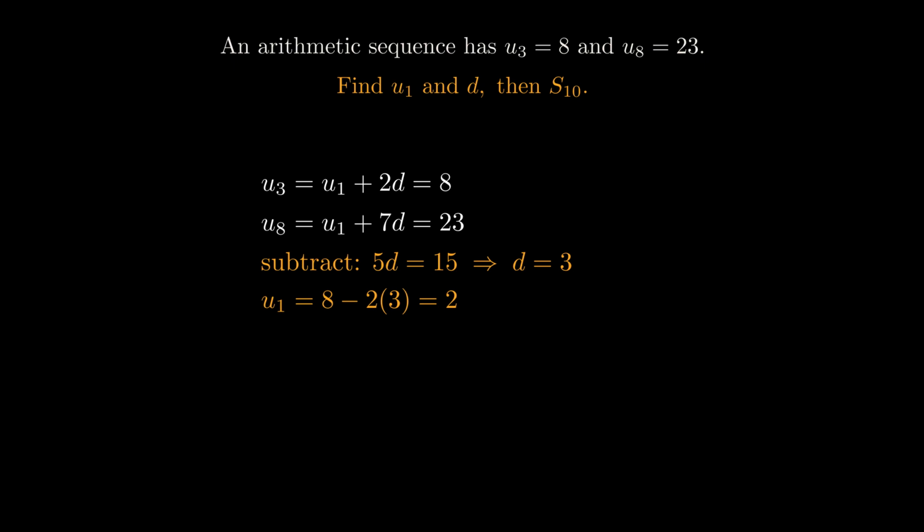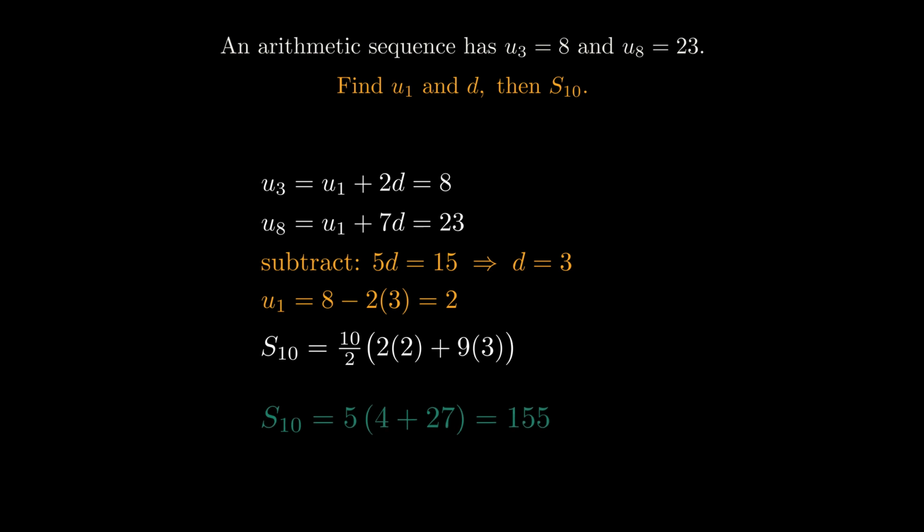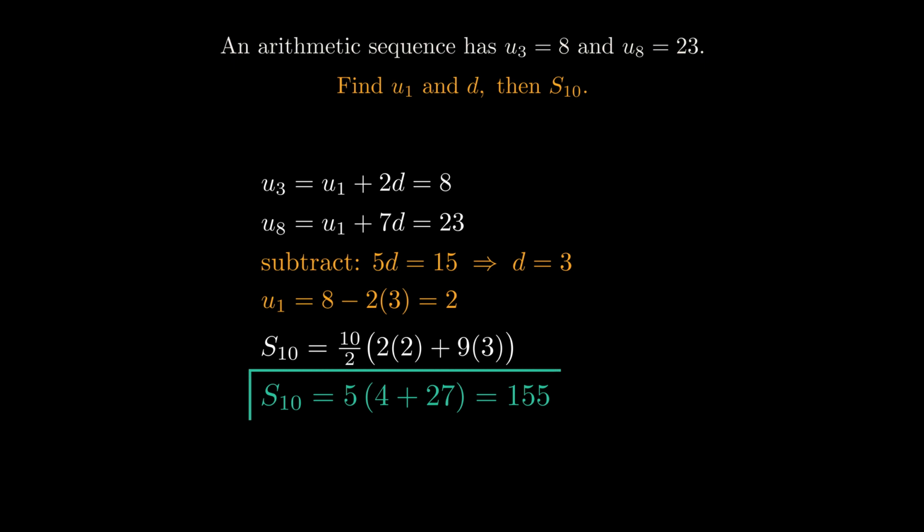Now the sum. Use Sn equals n over 2 times 2u1 plus n minus 1 d, with n equal to 10. That's 5 times 4 plus 27, which is 155. Notice I stated the formula, substituted, then concluded. That's exactly how the marks are awarded.